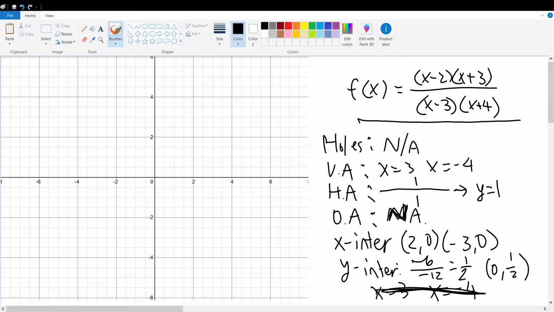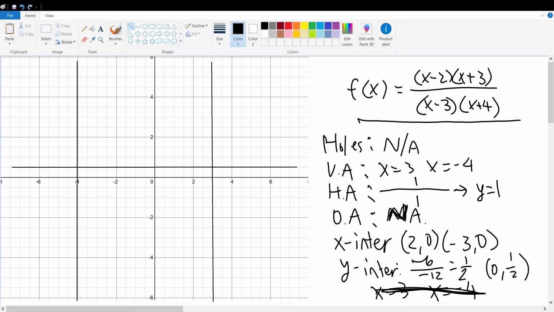Now we can plot these attributes onto our coordinate system. We can first draw our vertical asymptote when x is equal to 3, right here, and our vertical asymptote when x is equal to negative 4, right here. It's not drawn well, it has to be very straight, like that. And then we can draw our horizontal asymptote when y is equal to 1, which will look like that.